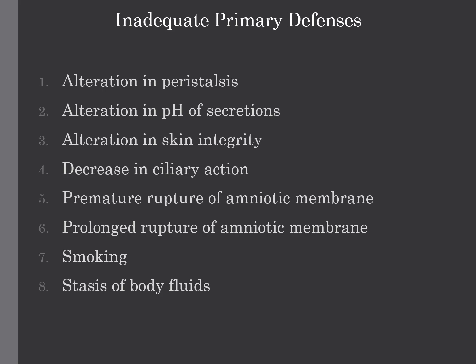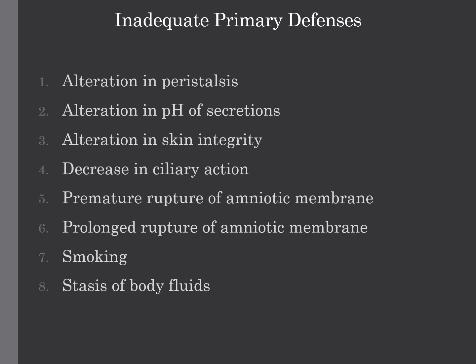Under inadequate primary defenses, you can relate your risk for infection to alteration in peristalsis. Some changes in peristalsis can cause stasis of food substances within the GIT, which can breed infection since they are not being eliminated, right?